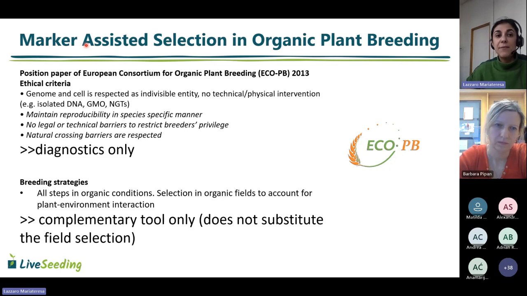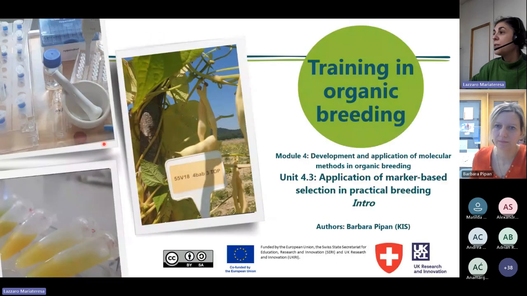Because of this, molecular breeding approaches in organic breeding are used as a complementary tool, and they do not substitute the need and importance of phenotypic selection in organic farming conditions.